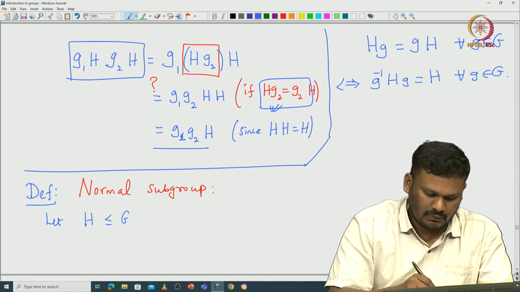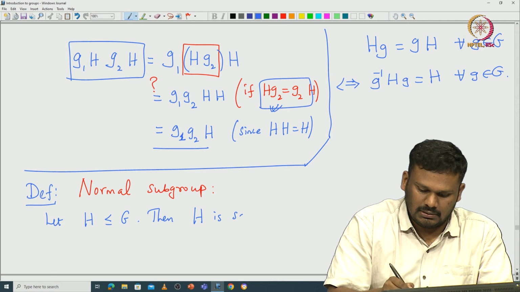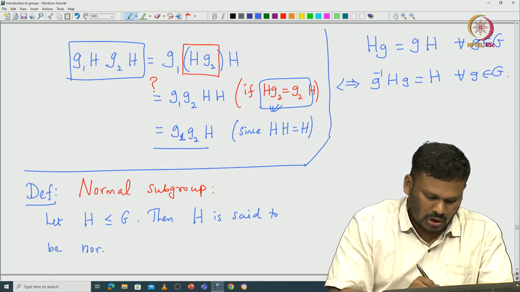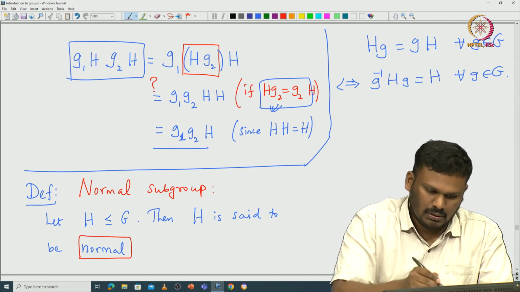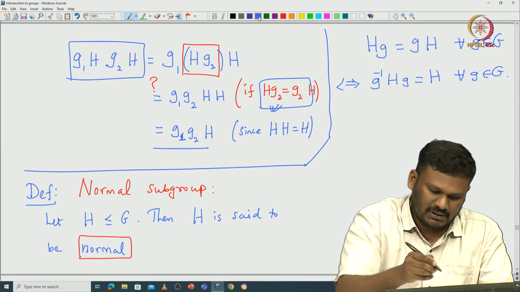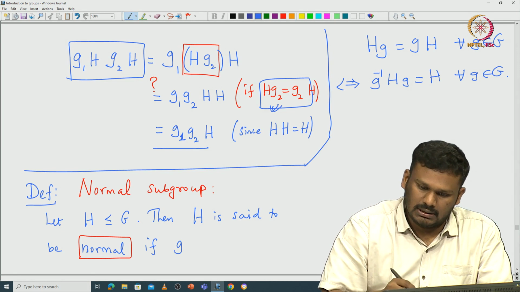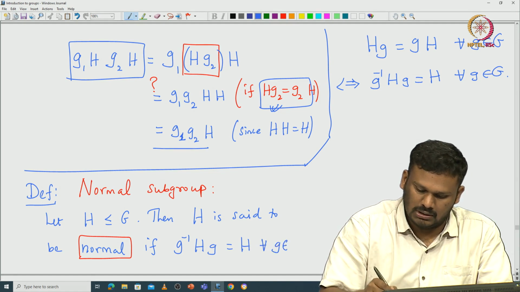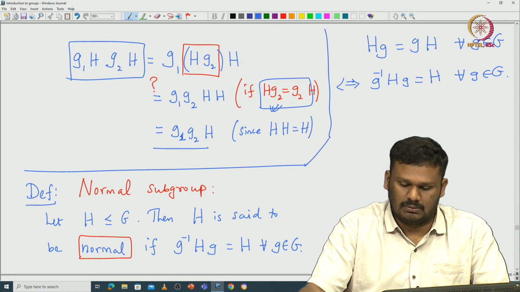Then H is said to be normal if the following condition is satisfied: whenever you look at the conjugation g inverse Hg, it should be equal to H for all g in G. So, this is one definition of a normal subgroup.